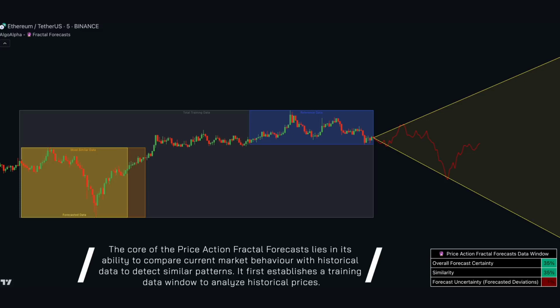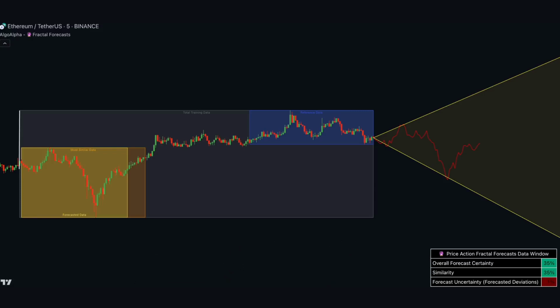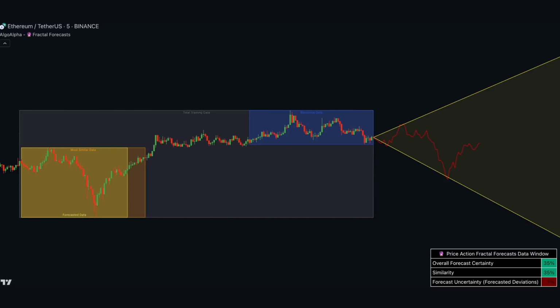It first establishes a training data window to analyze historical prices. Within this window, it then defines a reference length to identify the most recent price action that will serve as the basis for comparison. The indicator searches through the historical data within the training window to find segments that closely match the recent price action in the reference period.